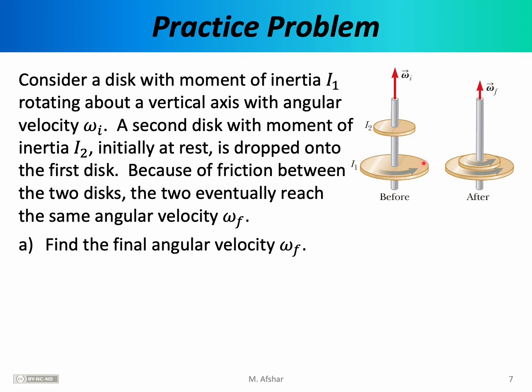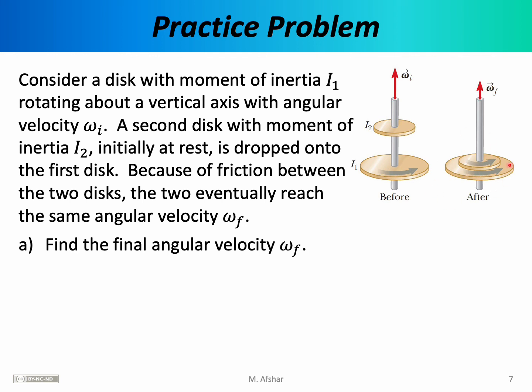There's a certain amount of friction between these, which means when disk 2 makes contact with disk 1 it is going to force the second disk to rotate. More precisely, what happens is that disk 1 slows down and disk 2 speeds up, and after a few seconds, both disks will be rotating together at some intermediate speed.